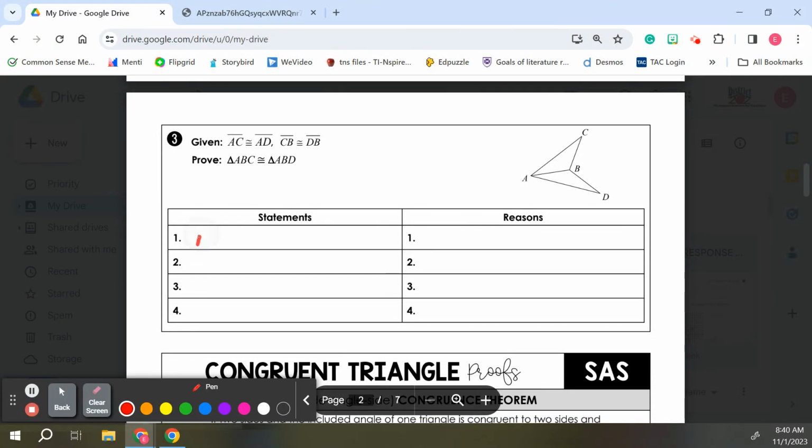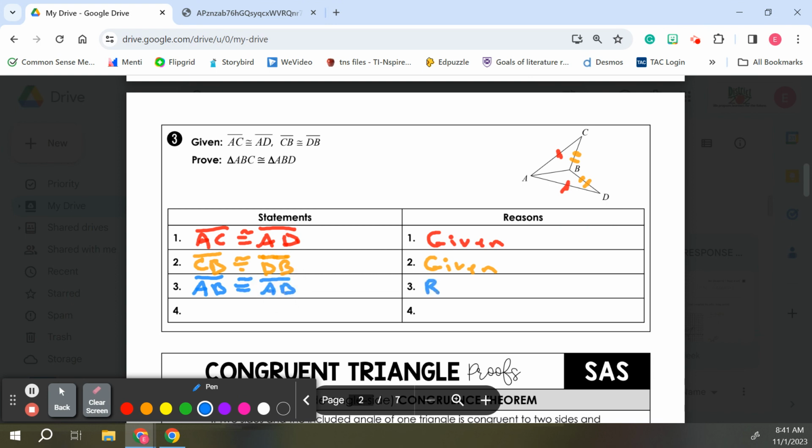All right. So here I'm going to put AC is congruent to AD. That's given to me. The next thing I have is that CB is congruent to DB. That is given to me also. So now what do we see? We're going to say AB is congruent to AB.